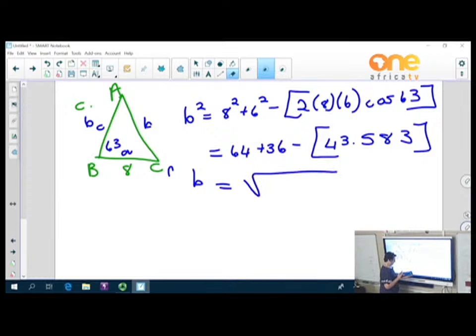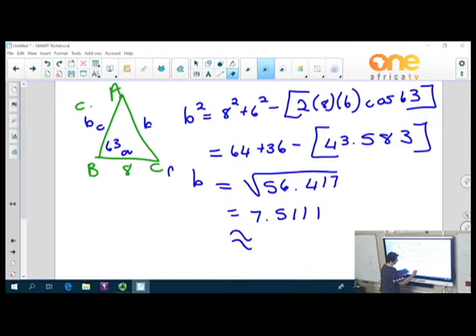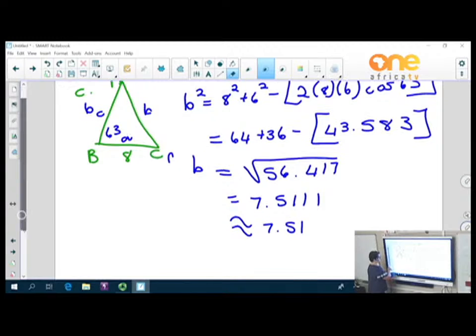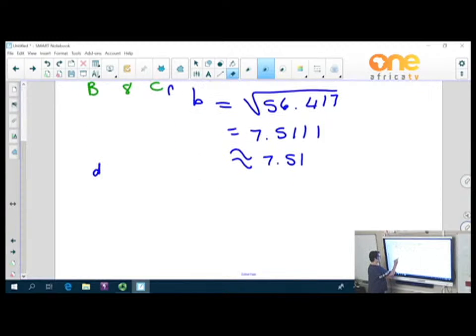So 64 plus 36 is 100 minus 43.583 and I have here 56.417. And now we get the square root of your answer, and my answer is 7.5111. And I round it off to 3 significant figures, 7.51. Well done if you got it right. The next one is number D.